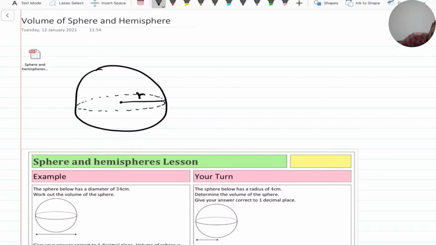And then the formula for the volume of a sphere is equal to 4/3 pi r cubed. So get that down first of all.